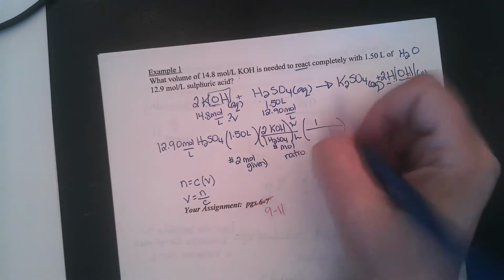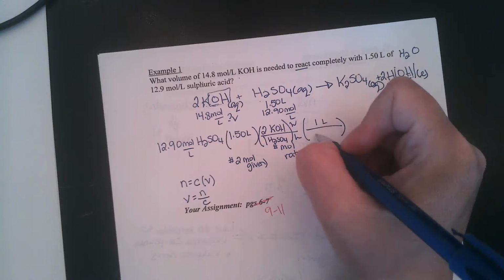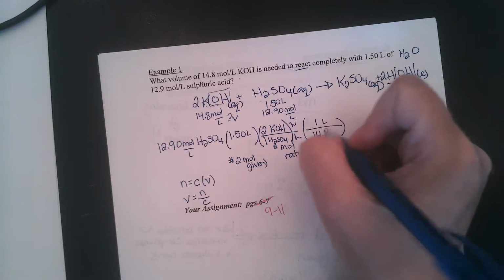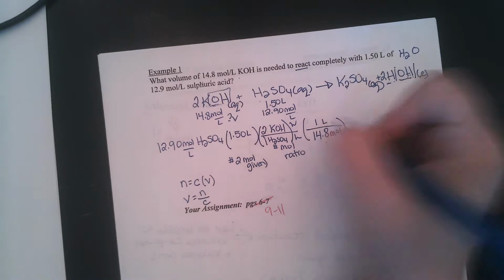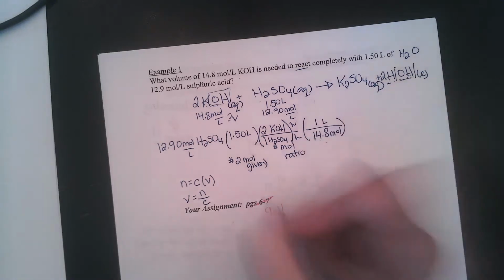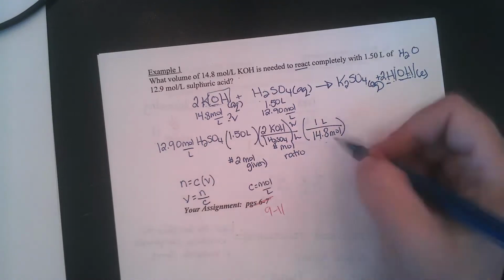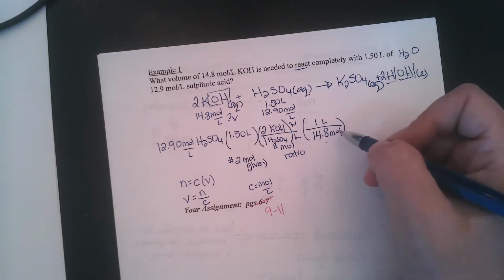So I would go 1 over 14.8 moles. All I've done is I've taken my units for concentration, moles per liter, and I've just inverted them because I'm dividing it.